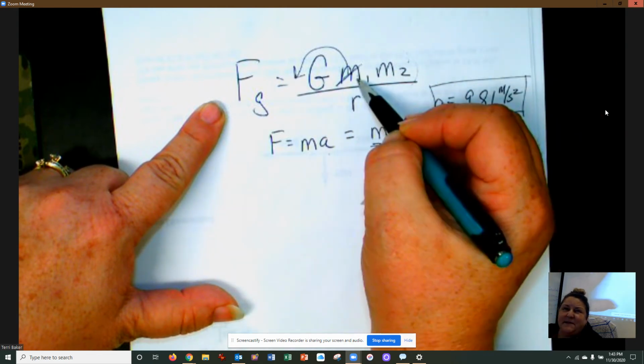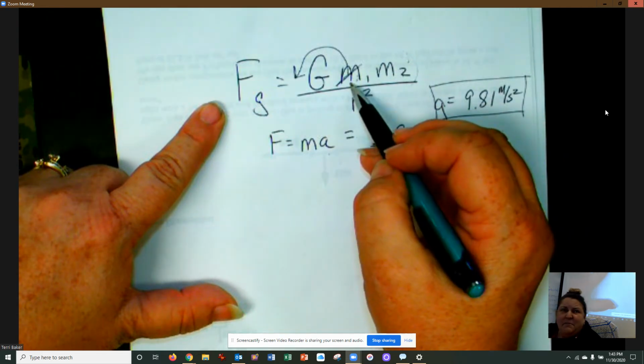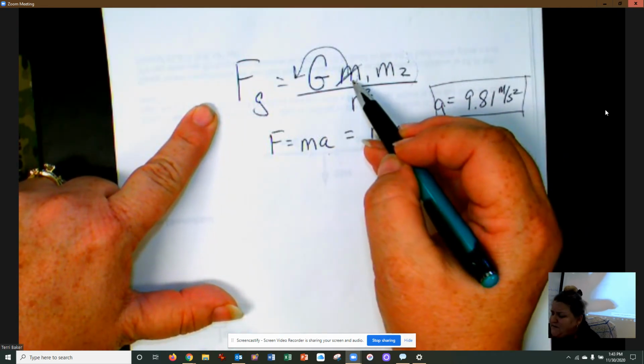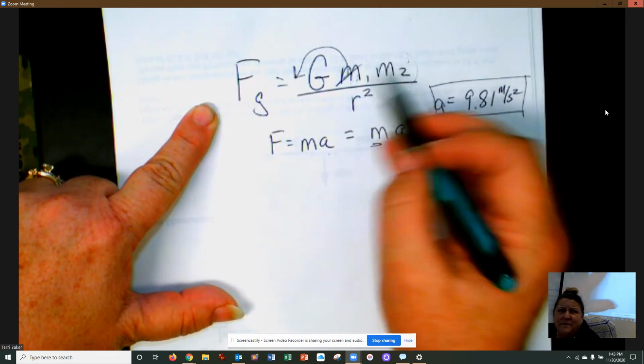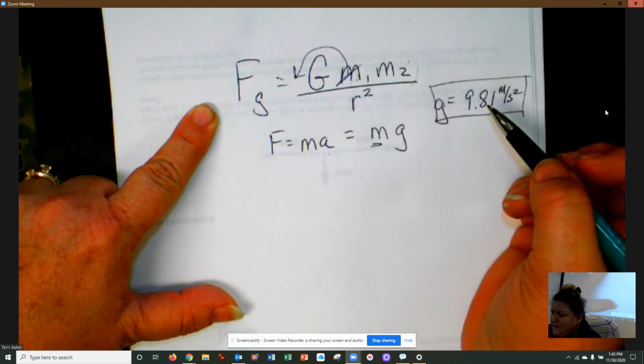And this one is insignificant. I mean, compared to the mass of the Earth, by the time you add an 80 kilogram or whatever mass, it's going to be so insignificant that it won't even register on the answer, when you work this out.